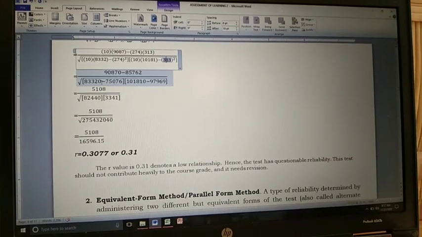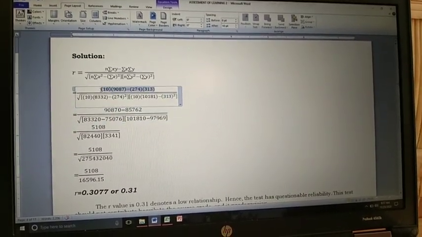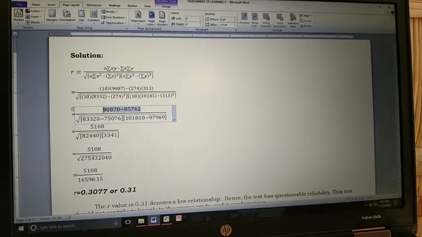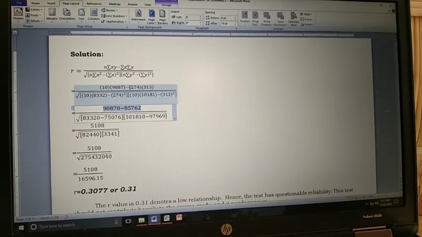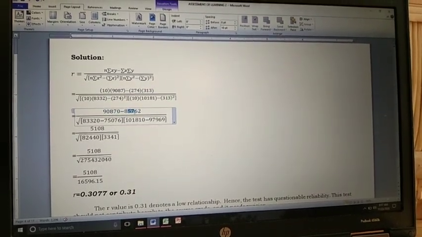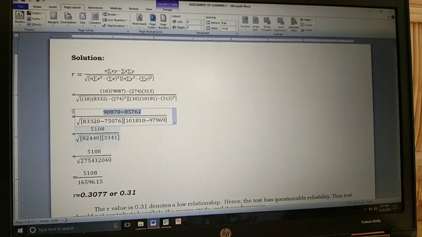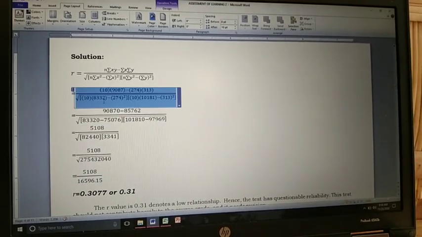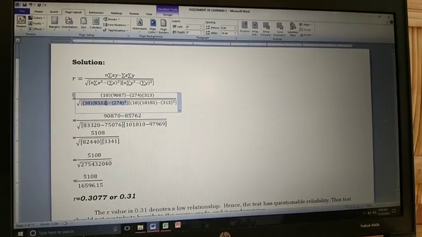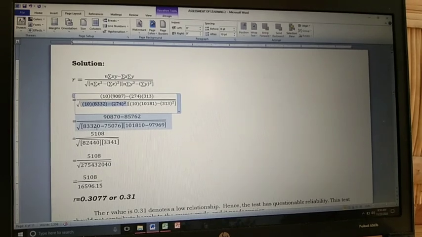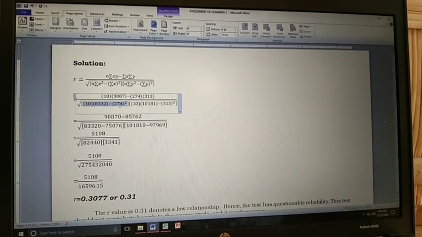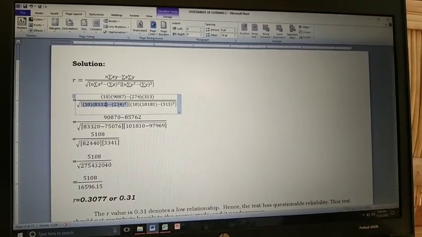So next step, you have to multiply this first and multiply this. So the total is 90870. Then 274 multiplied by 313, we have 85762. Over 10 multiplied by 8332, we have 8332 minus 7507, the 274 multiplied by itself.